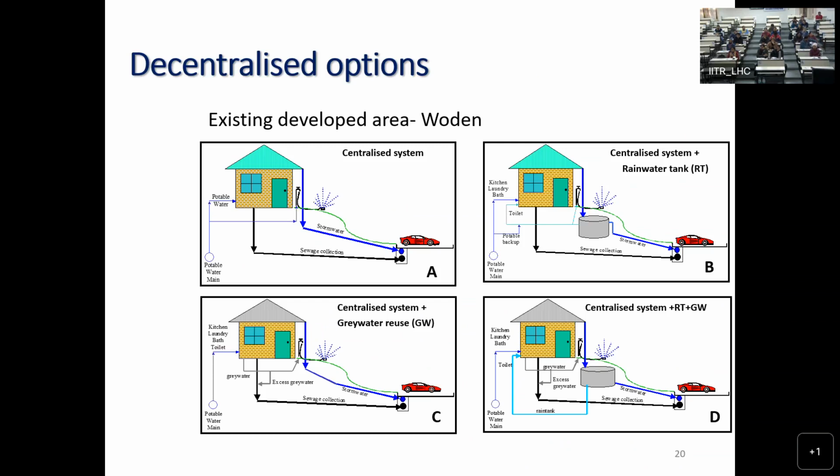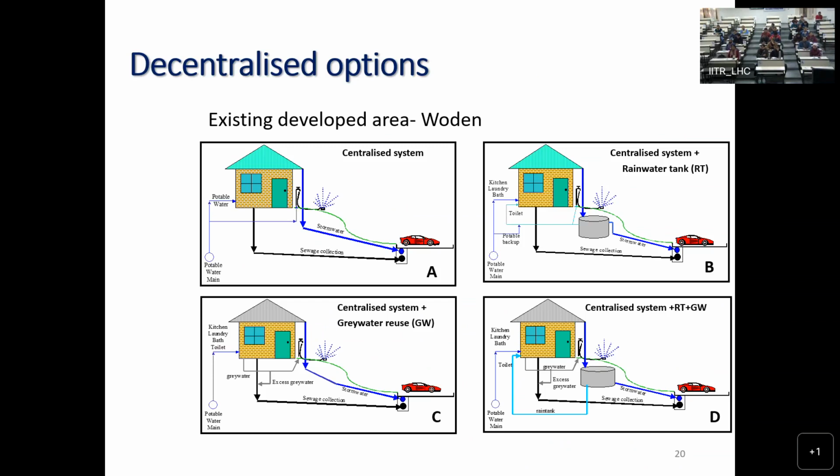Okay. So then we looked again at how much water can be saved. In the third scenario, instead of using a rainwater tank, you use grey water. And the fourth one was the combination of rainwater and grey water both. Okay.